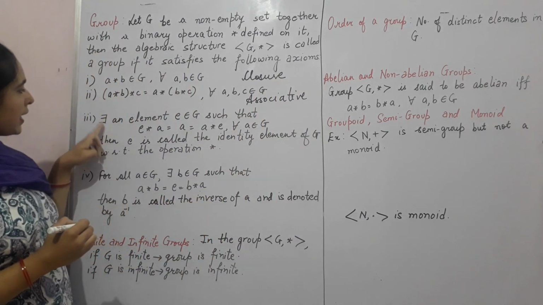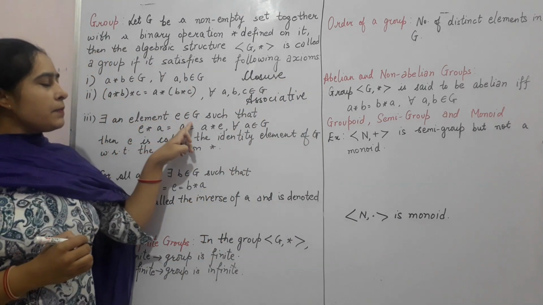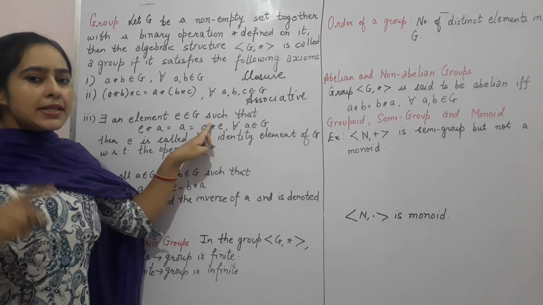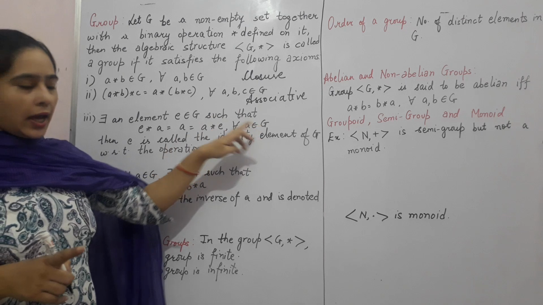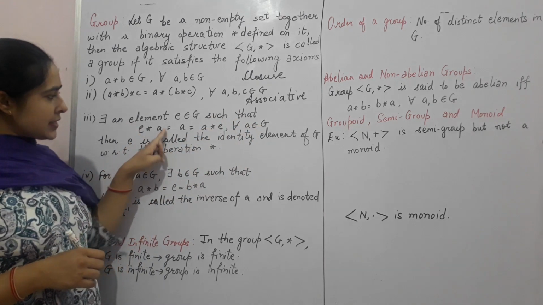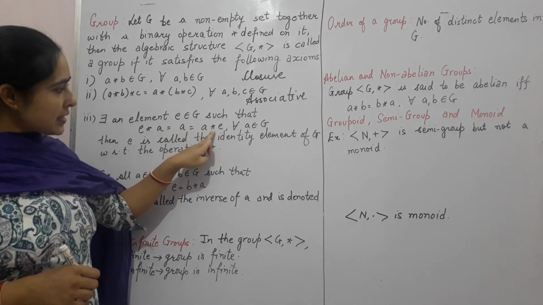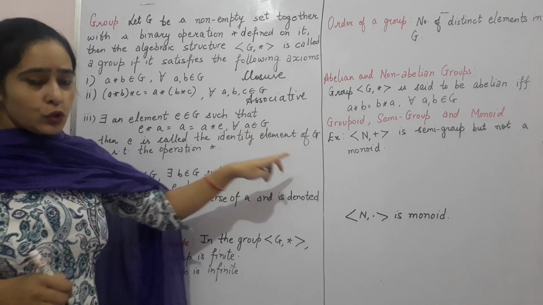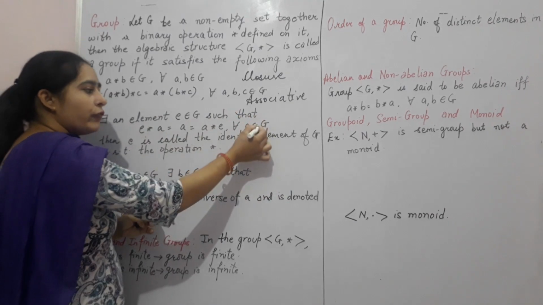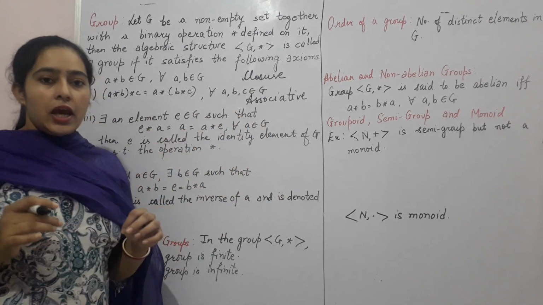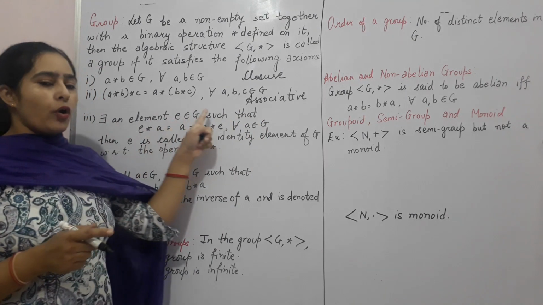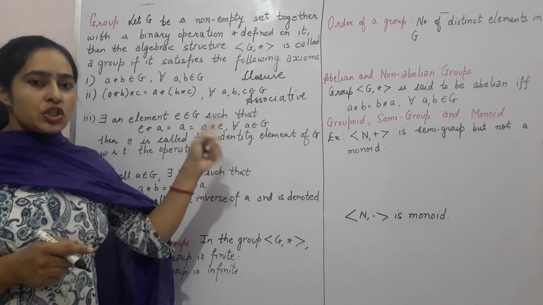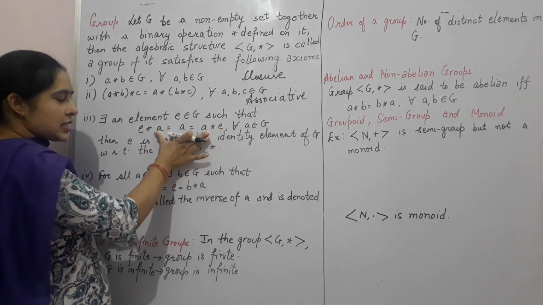Now third is, there exists an element e belongs to G such that e star a is equal to a star e, equal to a, for all a belongs to G. That means for every element a belongs to G, we must find an element e in this non-empty set G such that it satisfies this property.